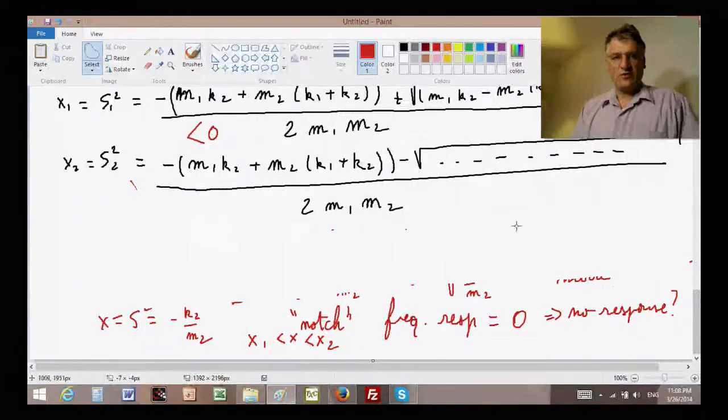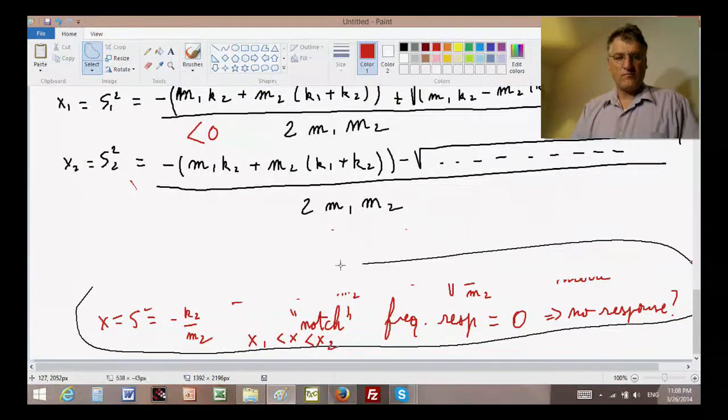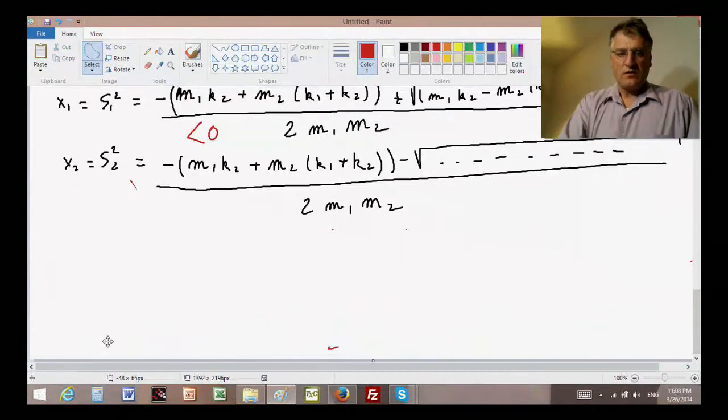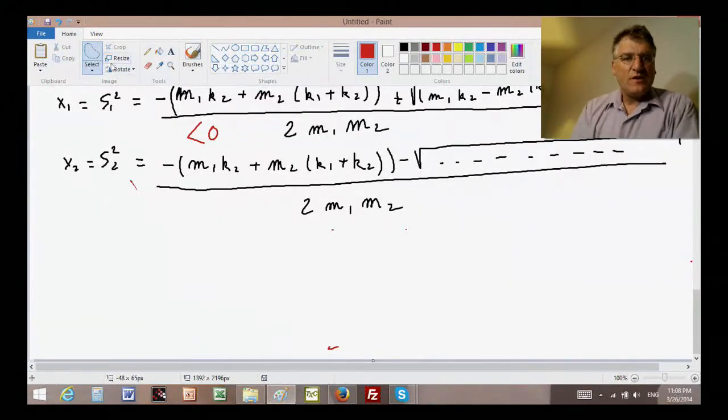Let us do a little more cleanup. Okay. So I repeat, I say X is equal to K2 over M2.